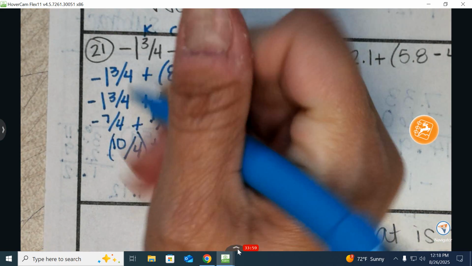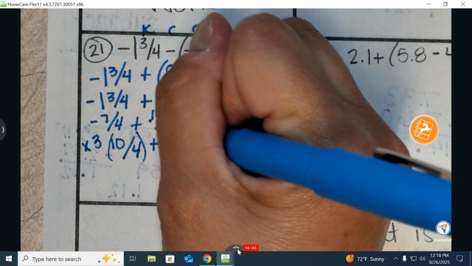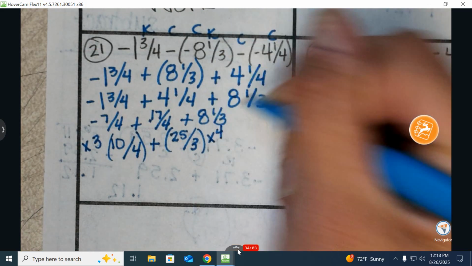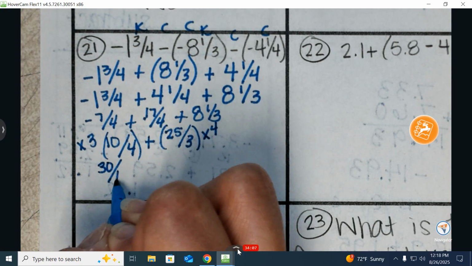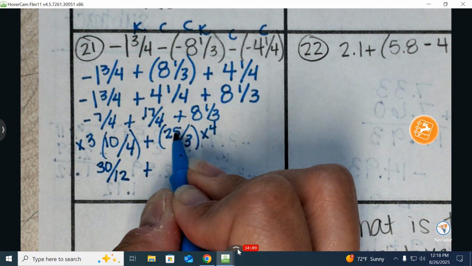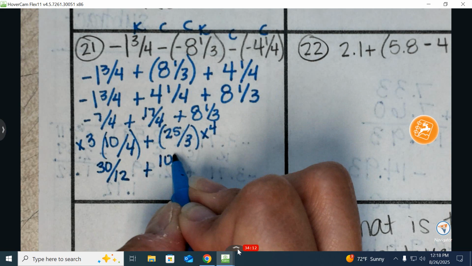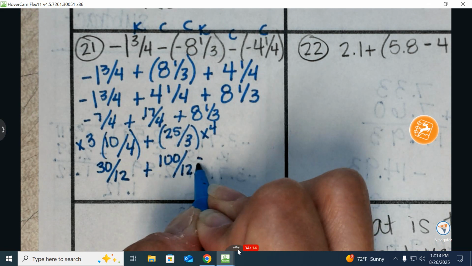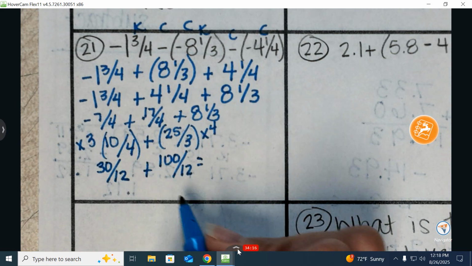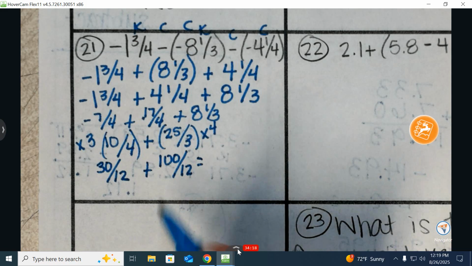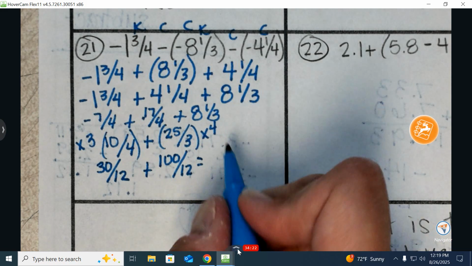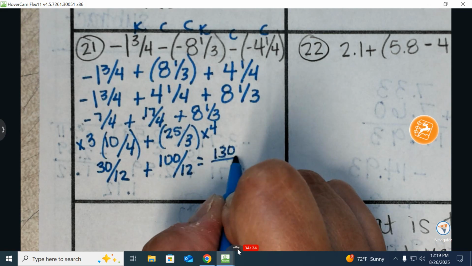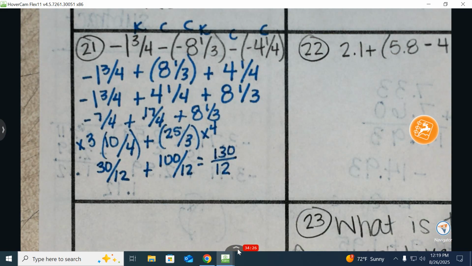So this has to be multiplied by 3, and this one has to be multiplied by 4. 3 times 10 is 30 over 12. 25 times 4 is 100 over 12. And then I can add them. 100 plus 30 is 130 over 12.